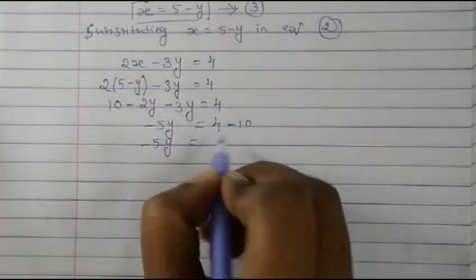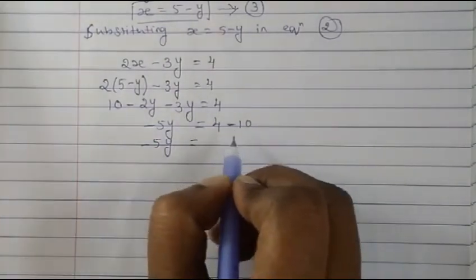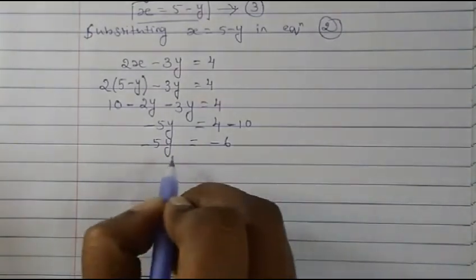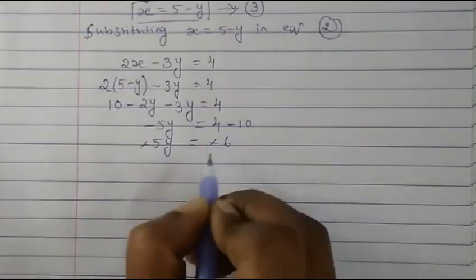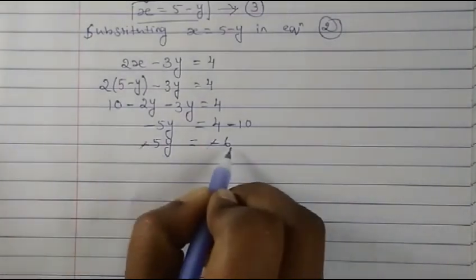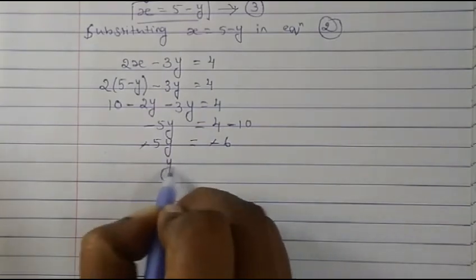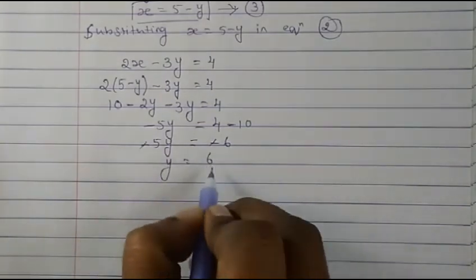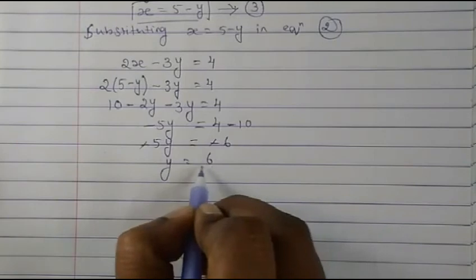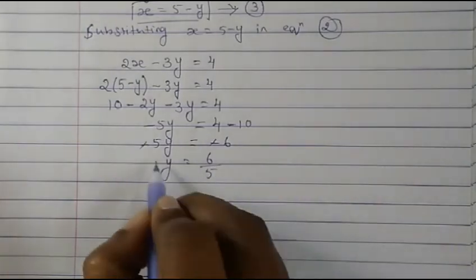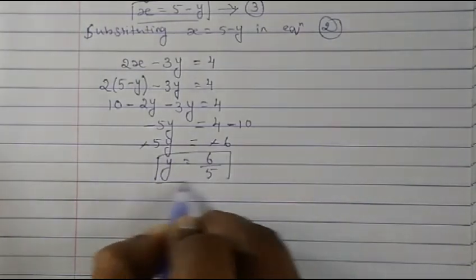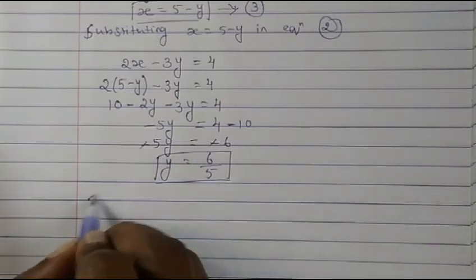So minus 5y equals 4 minus 10, which gives us minus 6. Then minus minus gets cancelled. We have 5y equals 6. We'll keep y here only and keep the 6 here, and this 5 is multiplication, so when it goes across it becomes division. So we got the value of y.